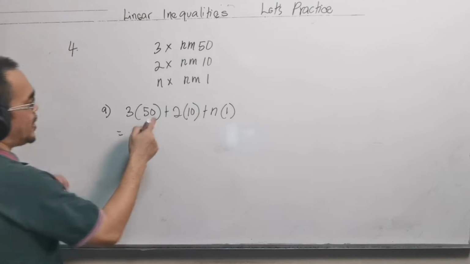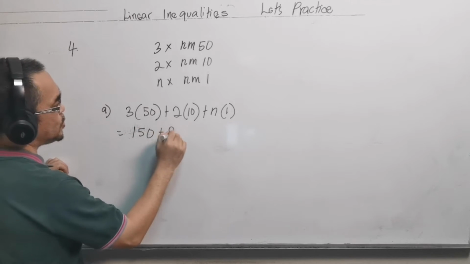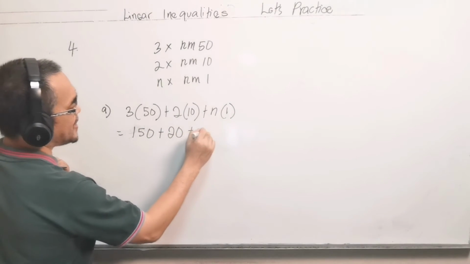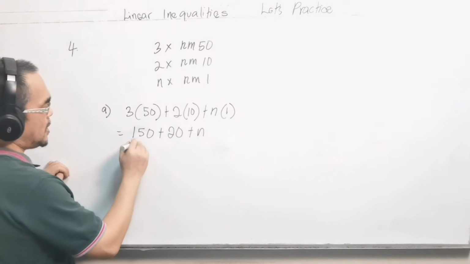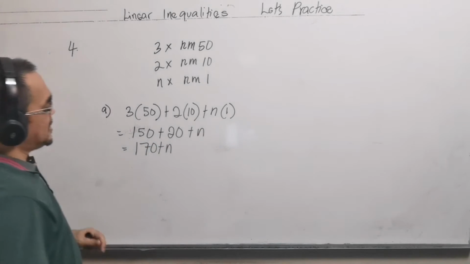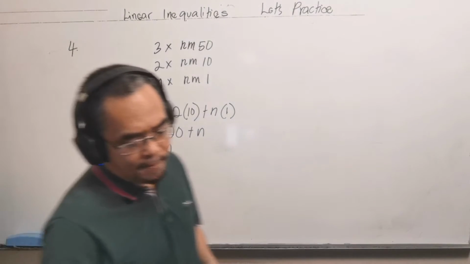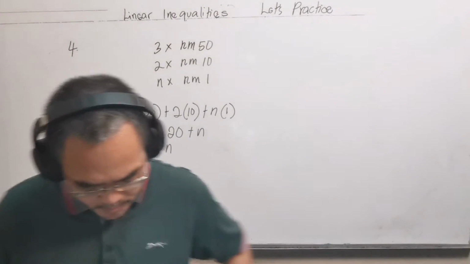Okay, so we have here 150 plus 20 plus N. So this and this we could simplify again. So the answer is 170 plus N.